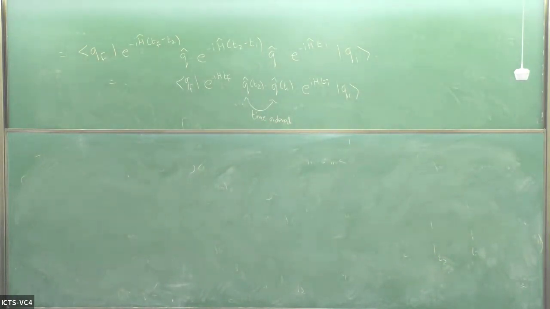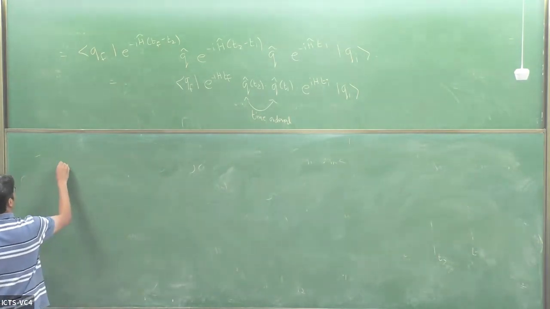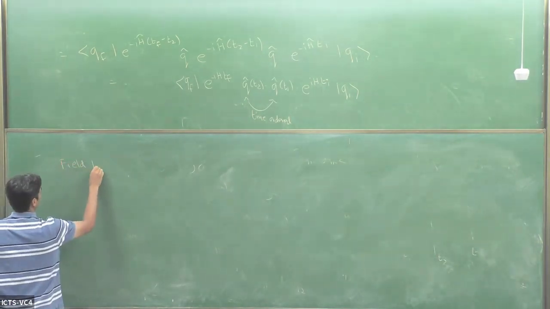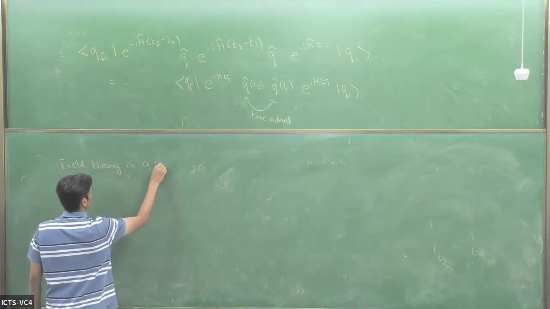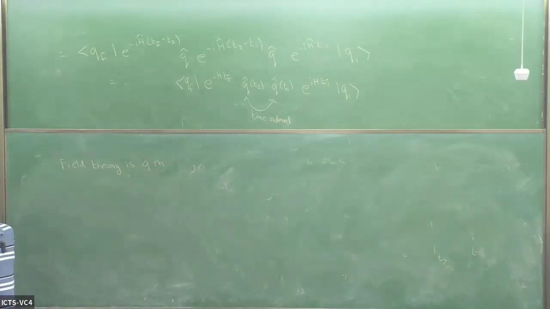Now we're going to derive an important formula for field theory. Now remember, field theory is quantum mechanics. Field theory is not different from quantum mechanics. Why is field theory quantum mechanics?